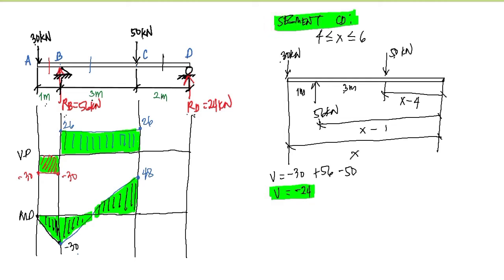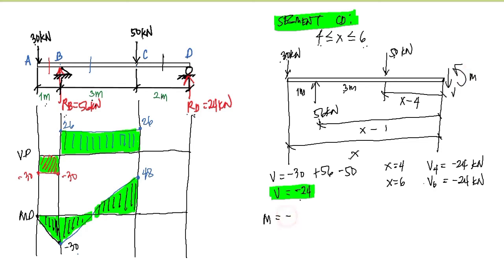Now we have the limit from 4 to 6, so at x is equal to 4, our shear at 4 is equal to negative 24 kilonewton, and at x is equal to 6, our shear at 6 is equal to negative 24 kilonewton, since this is constant from 4 to 6. And for the moment equation, we have here moment is equal to 30 times x. So in here we expose the shear and the moment.